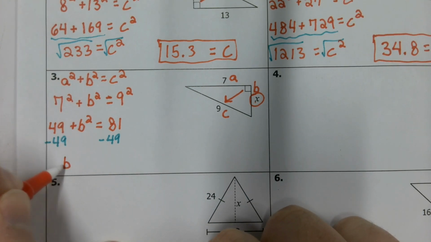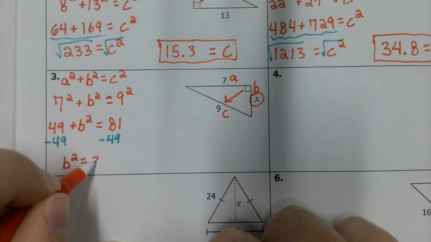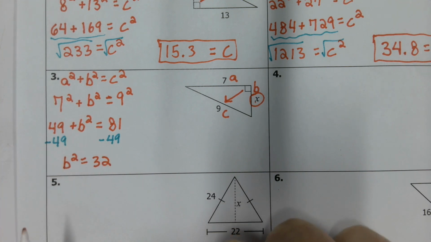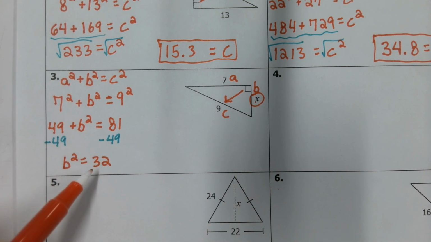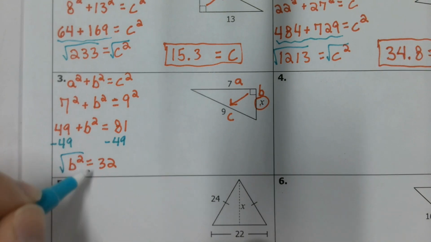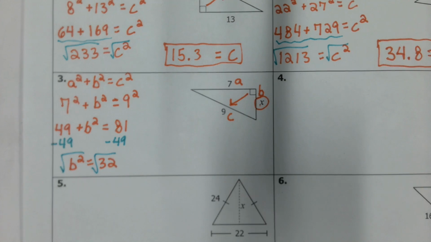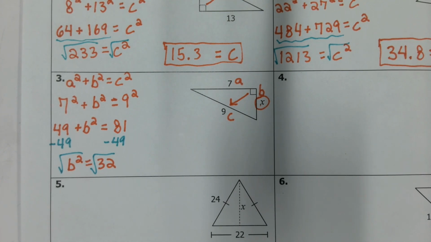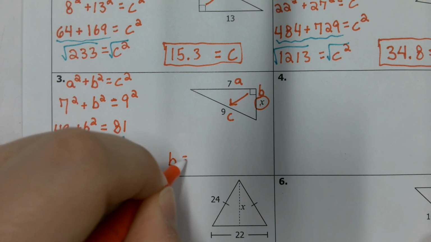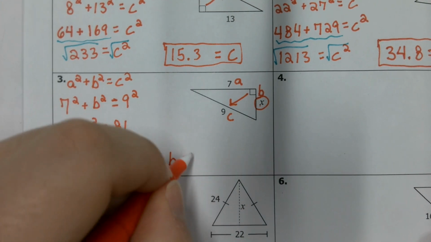So I get b squared equals 32. And then here again, I need to take the square root of both sides, leaving me with 5.656. So if we're rounding to the nearest tenth place, that'd be about 5.7.